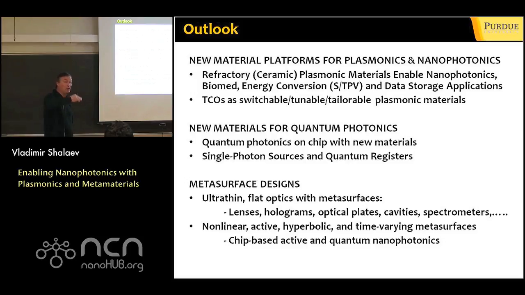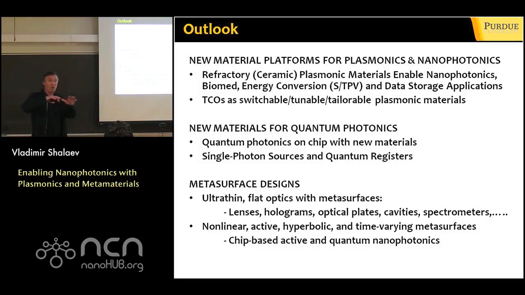Instead of accumulating phase over a large distance when light propagates through bulky optics like a lens or holograms, in this case you do it abruptly by placing antennas which shift the phase abruptly. And that's an entirely different approach, which enables this ultra-thin optics. A number of devices have already been demonstrated, like world record thin lenses, holograms, optical plates, cavity spectrometers, and things keep coming out of this very exciting area.